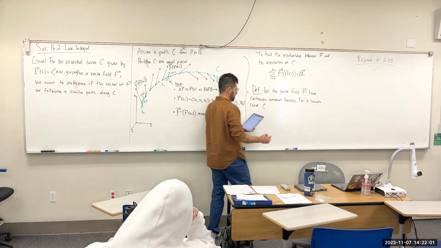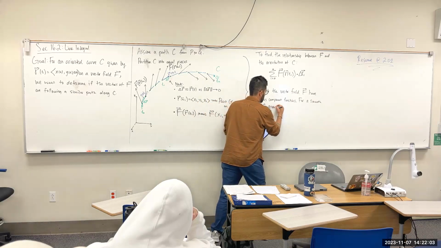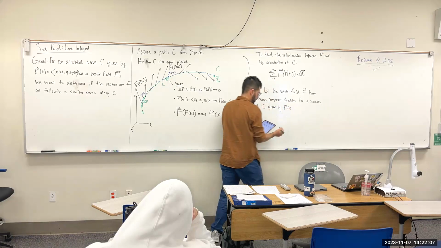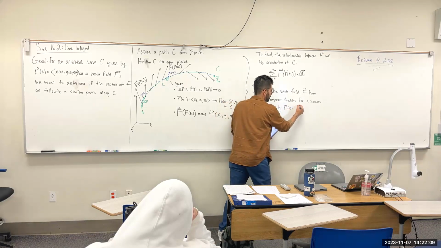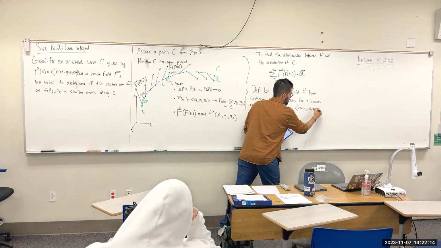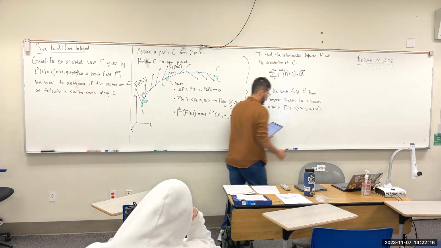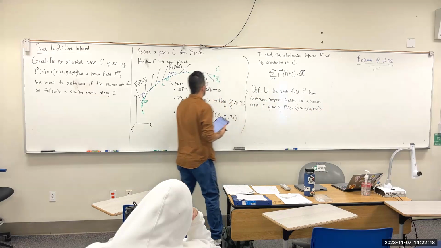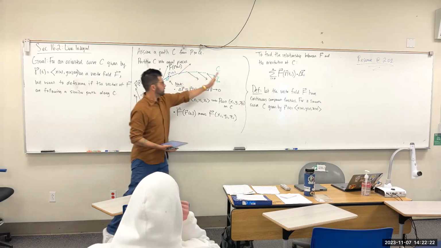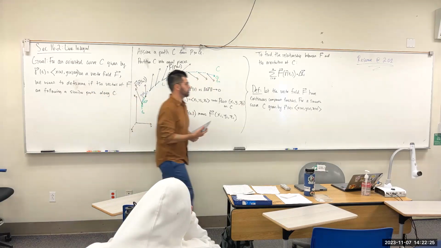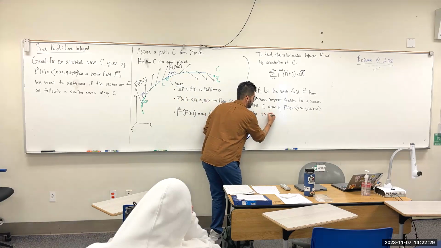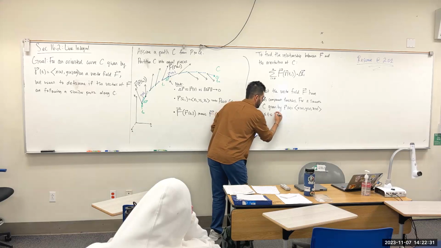For a smooth curve C, given by this three-dimensional vector, x of t, y of t, and z of t, where t will range from a to b, so that it gives me P and Q, where the time ranges from a to b.